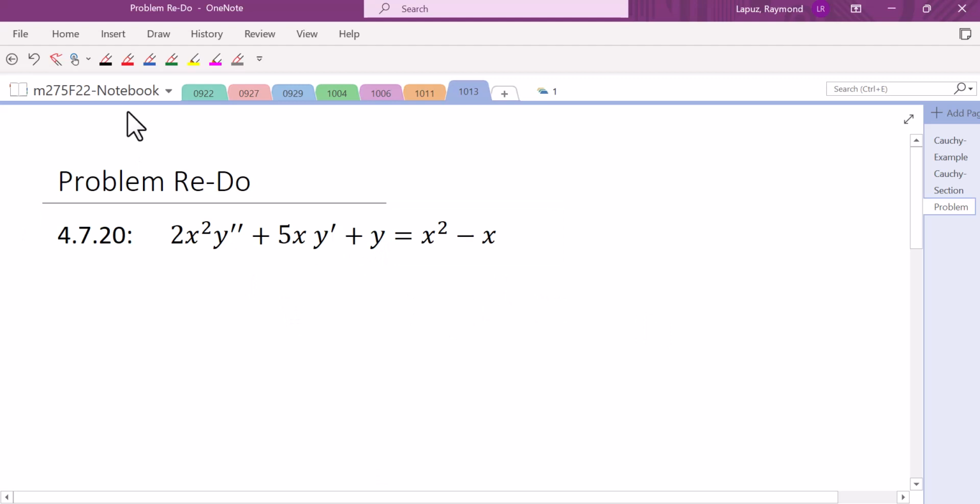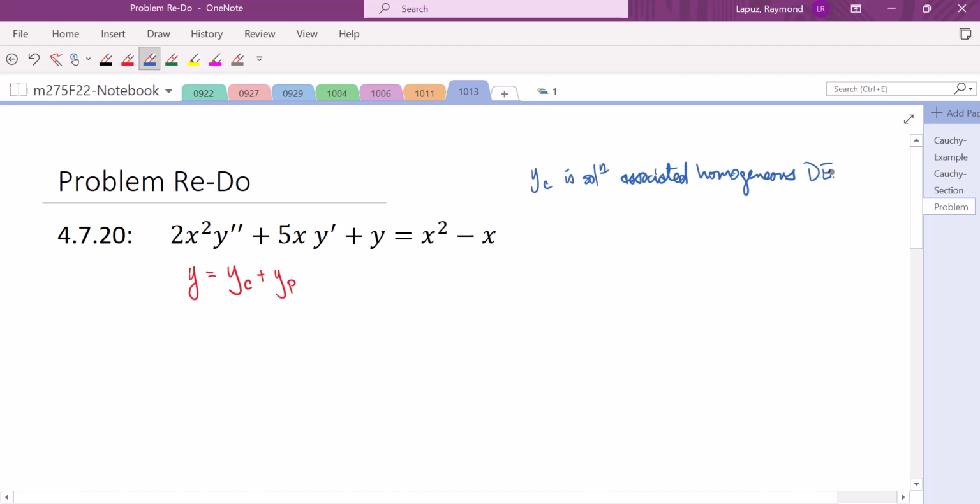So if you remember the whole process for this, our solution will be of the form y is equal to y sub c plus y sub p. Now from here we're going to branch off to do parts of this problem, and first we will find y sub c, and y sub c is the solution to the associated homogeneous differential equation.